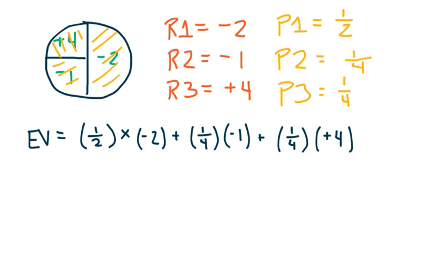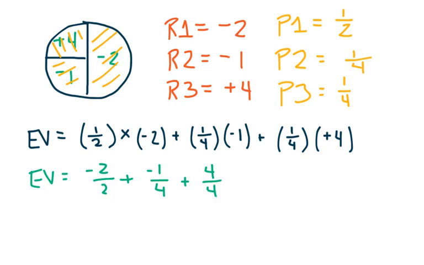Now I can simplify this. So my expected value is going to be, let's see, a half times -2. That'll be -2/2. 1/4 times -1 will be -1/4. And then 1/4 times +4 will be 4/4.